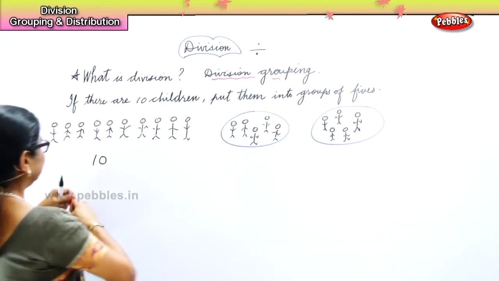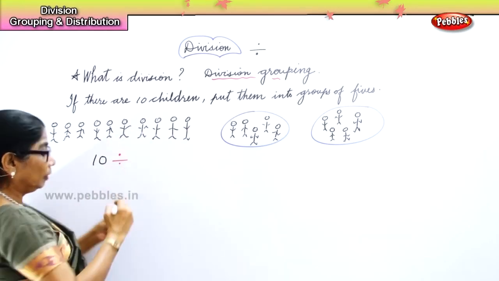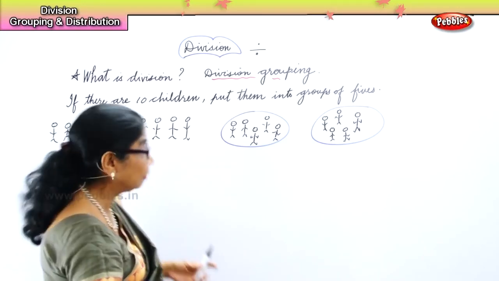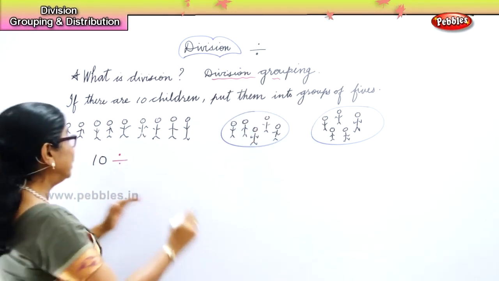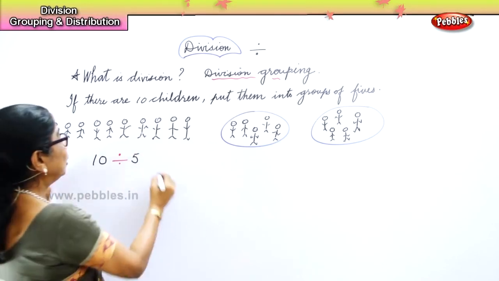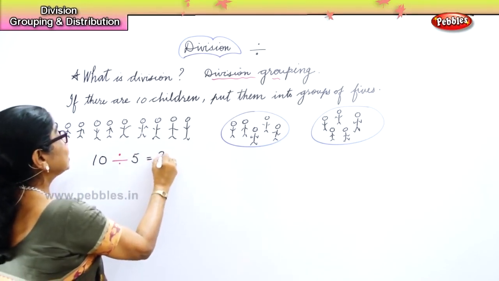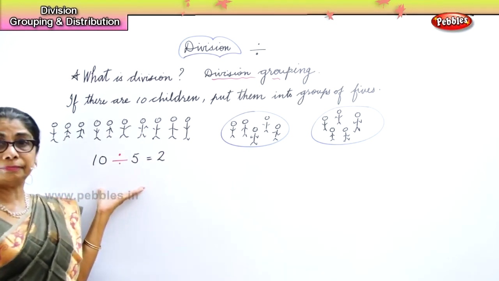This is the symbol for division. We are dividing the 10 children into groups of 5. Each group will have 5. So how many groups altogether? You get 2 groups of 5.